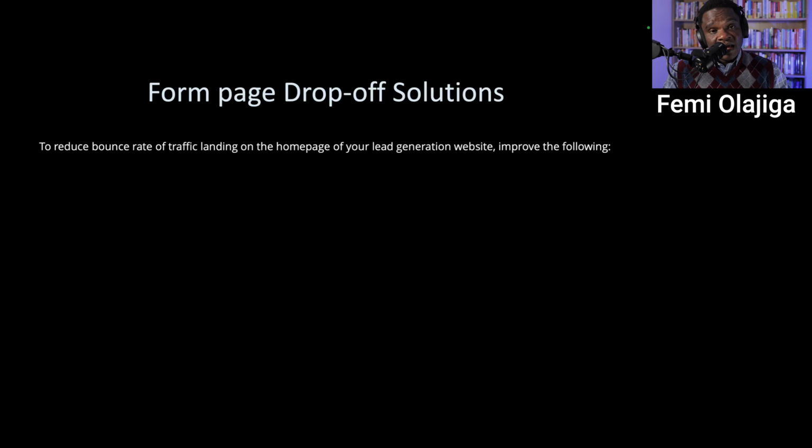Your form page by default will get traffic directly from paid advertising like Google Ads. They will get traffic straight from social media and different traffic sources. But the form page is ideally for someone that understands your organization, or understands your product, and they're actually ready to fill out that form and request a brochure or request a quote or request a demo from your website.